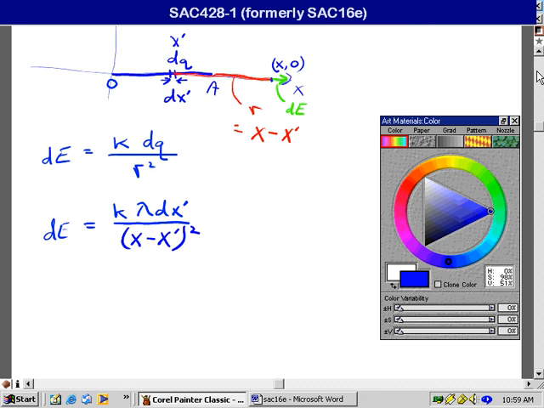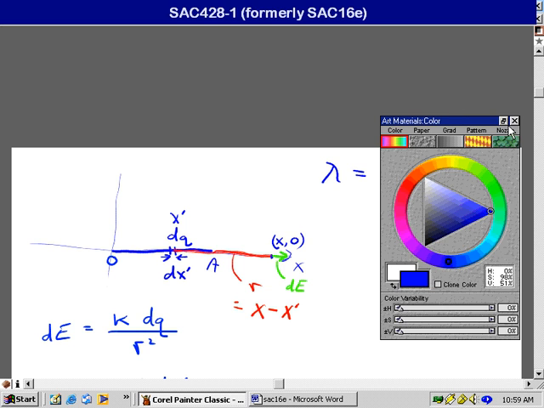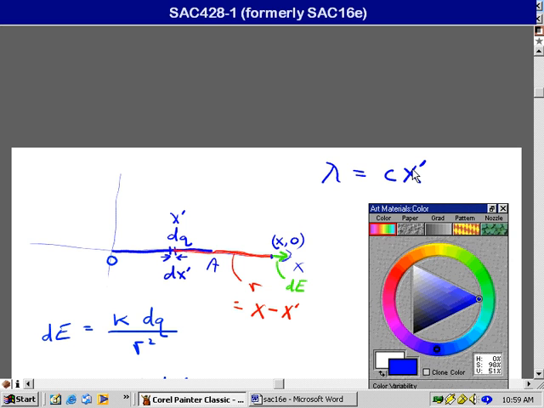And lambda itself is some constant times x prime. That's saying that the charge is more bunched up over here, it's pretty heavy over there, and then it linearly dies down to 0 charge per meter over in this region.